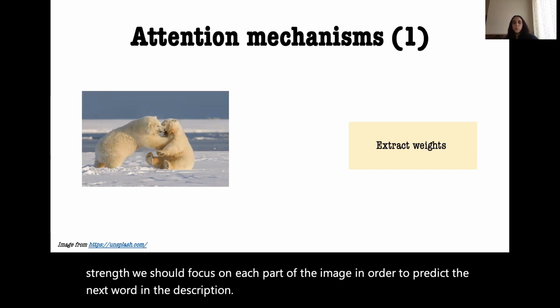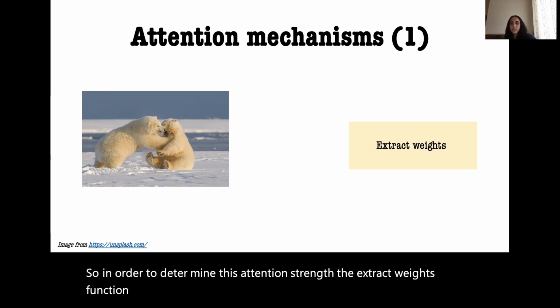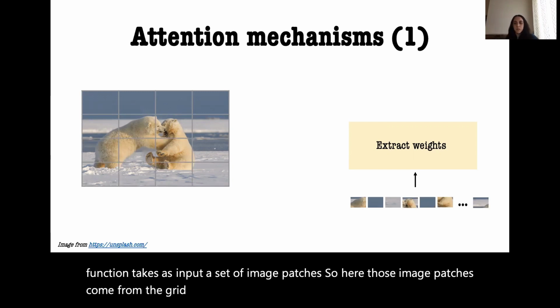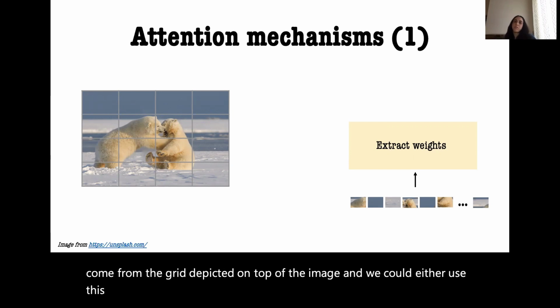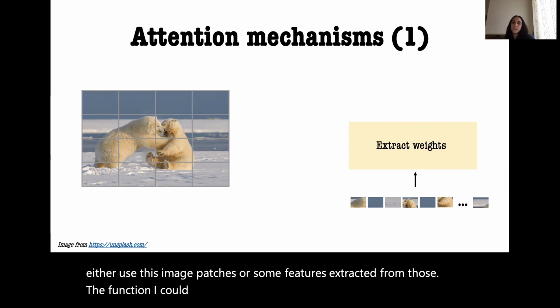In order to determine this attention strength, the extract weights function takes as input a set of image patches. Here, those image patches come from the grid depicted on top of the image. We could either use these image patches or some features extracted from those. The function would also take as input a representation of the words predicted so far.